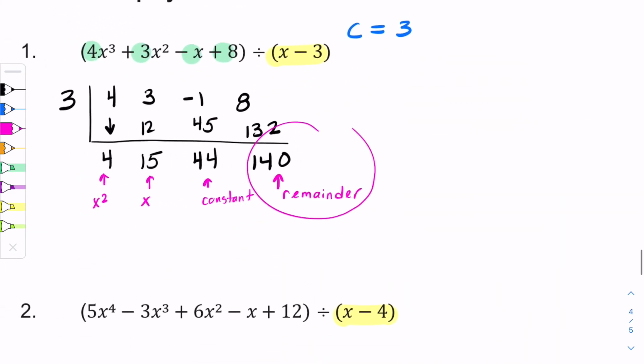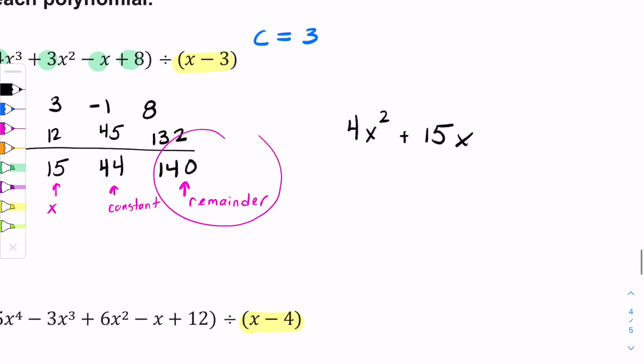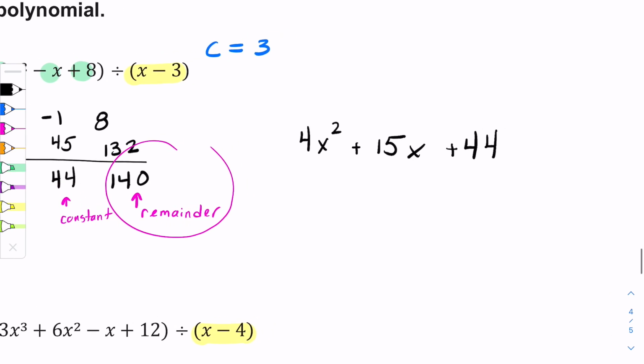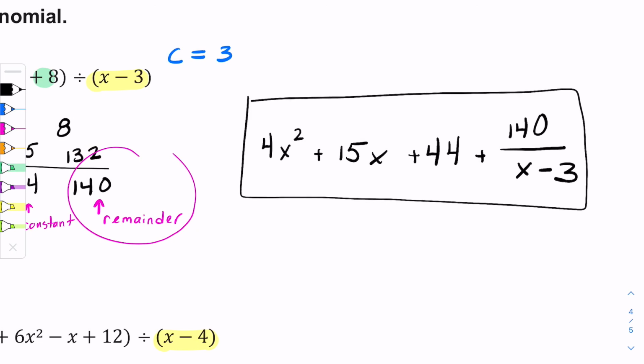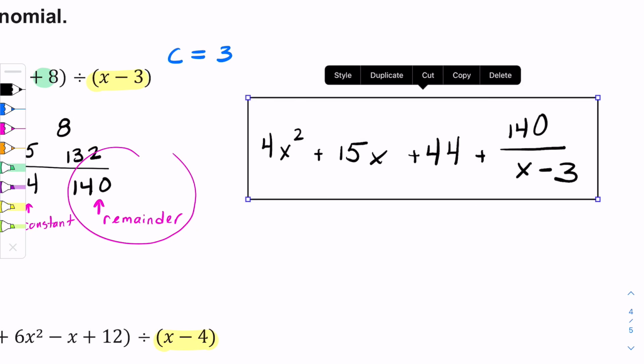So when I write this, my quotient is going to be 4x squared, that's this first term, plus 15x plus 44. And then I have my remainder of 140, and I write that over my original divisor of x minus 3. This is your final answer.